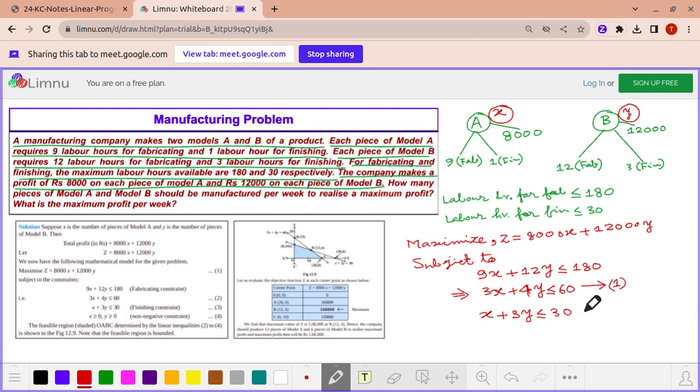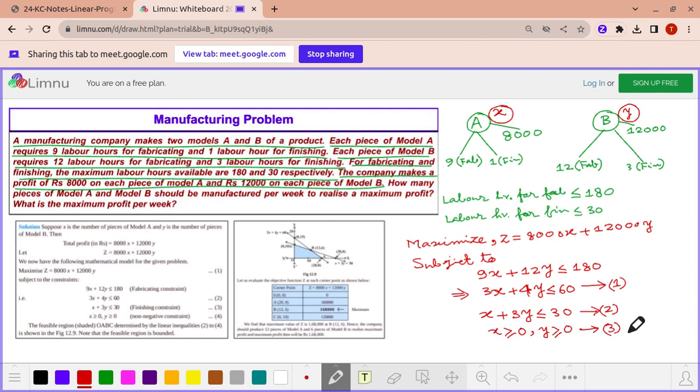That is the second constraint. And obviously the non-negative constraints are x greater than or equal to 0 and y greater than or equal to 0. All you need to do is that we are now much experienced in how to solve it. The formulation is done.